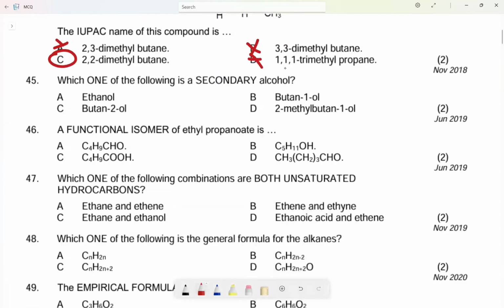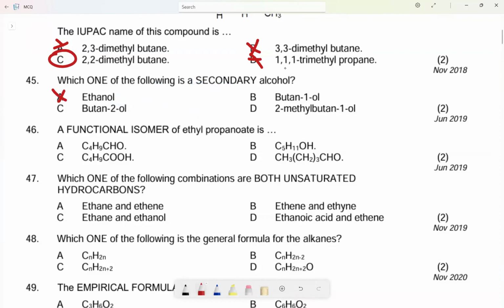Question 45. Which one of the following is a secondary alcohol? For a secondary alcohol, we need to see the carbon bonded to the OH, bonded to 2 other carbons, right? So which one is that? Ethanol is just a straight chain like this. It is a primary alcohol, okay?